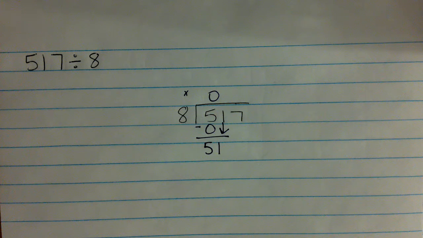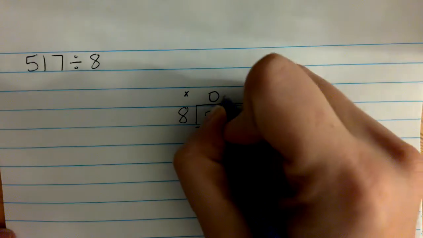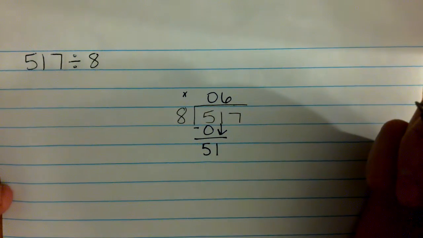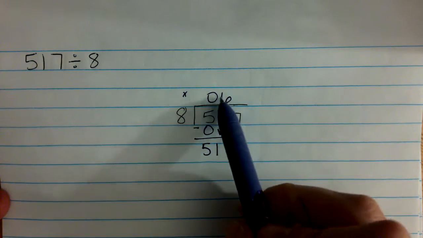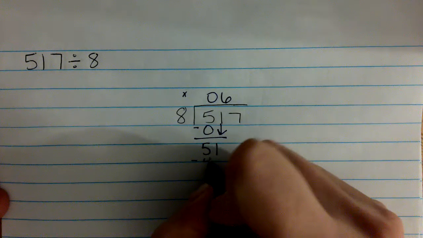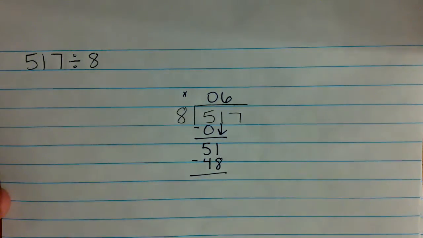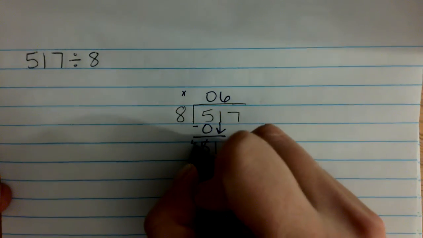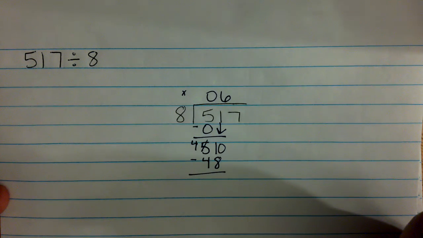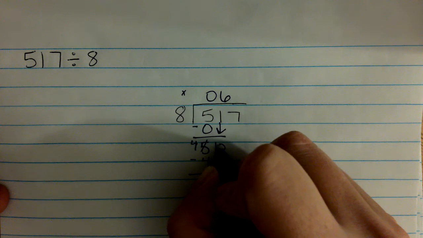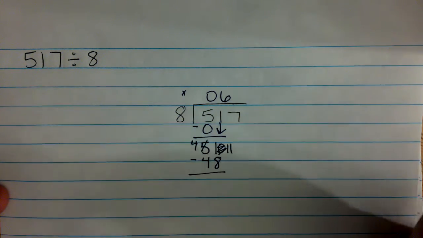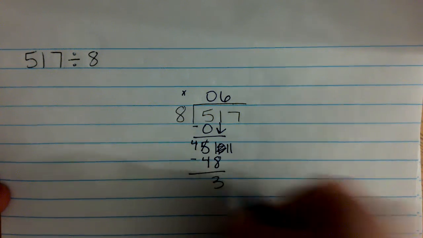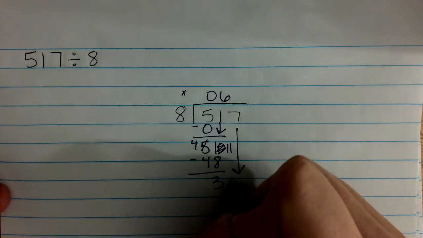So it looks like 6 is the max amount of times that 8 can go into 51 without going over. So 6 times 8 is 48. Well, 51 minus 48, borrow. So that makes it 11. So 11 minus 8 is 3. Bring down my 7.